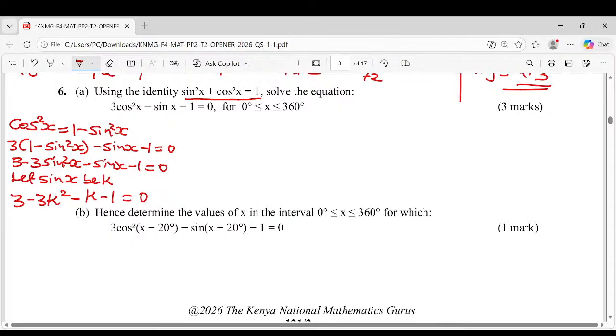See how simple mathematics is from STEM Smart Academy.